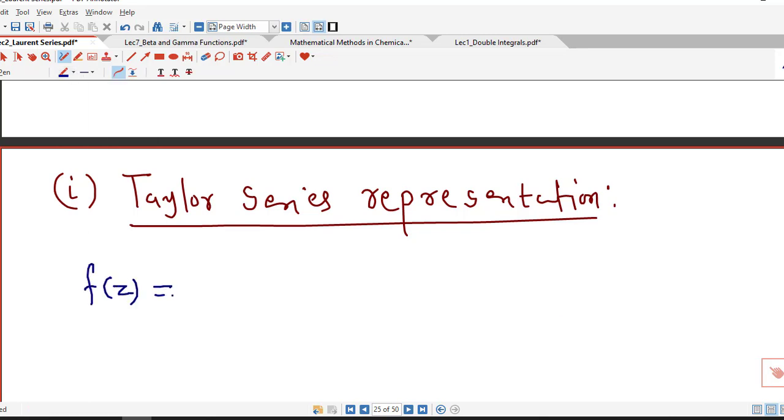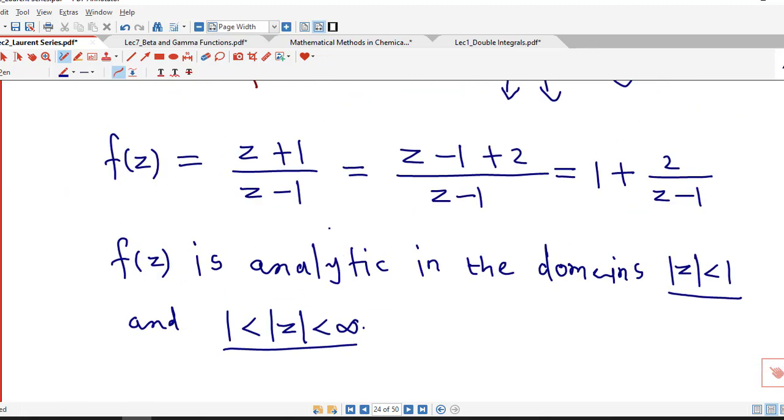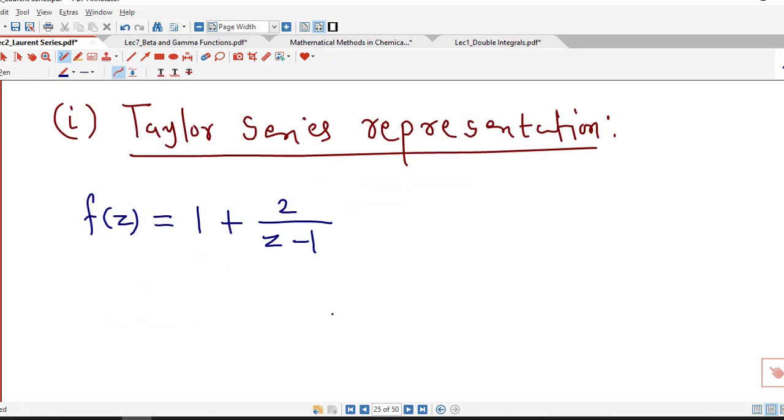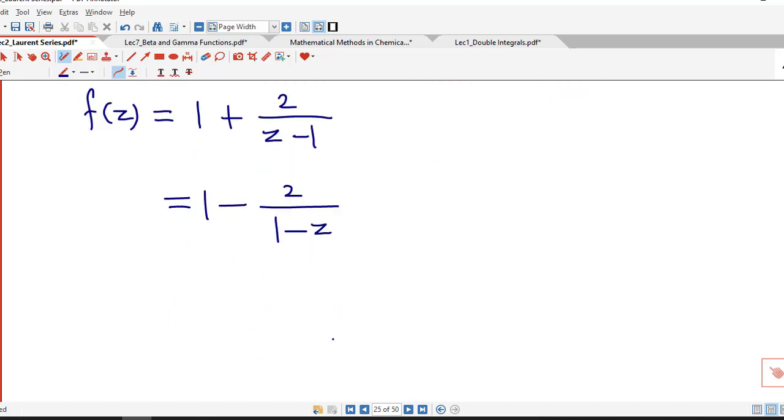Our function is f of z equal to, now we consider this 1 plus 2 over z minus 1. Now the function is analytic in the open disk mod z less than 1. So we rewrite this z minus 1 as 1 minus z. We take the negative sign outside. If we multiply with minus 1, we will have minus 1 plus z.